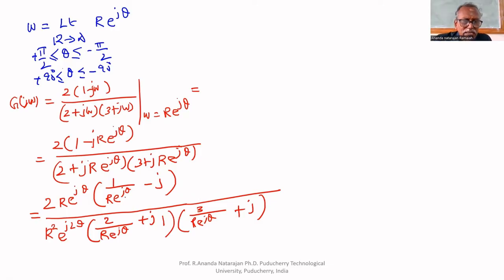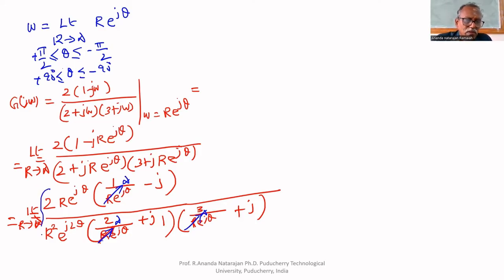So as R tends to infinity, while substituting, we have to put limit R tends to infinity. If you let R tend to infinity, these three terms become 0.